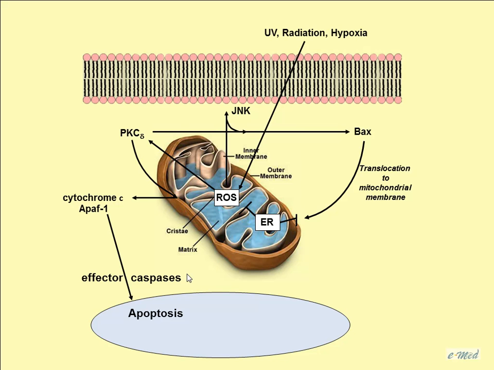Estrogen is a potent survival factor, unfortunately, in breast cancer. And so if you treat breast cancer cells with radiation or chemotherapy, our traditional modalities to treat this malignancy, they cause an apoptotic cell death. They are cytotoxic. And they do this by inducing reactive oxygen species, which activate death kinases, phosphorylate BAX, which moves to the mitochondria, opens up the pore, out come the apoptosome contents, which activate effector caspases and kill the breast cancer cells.